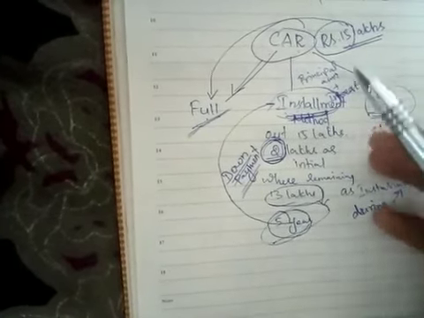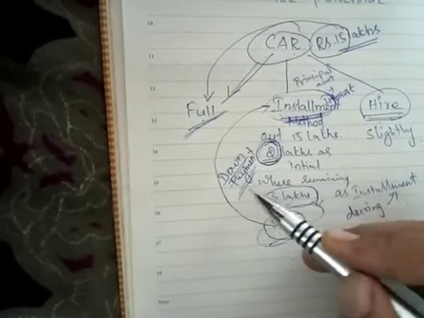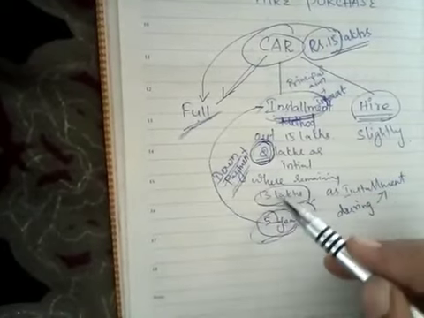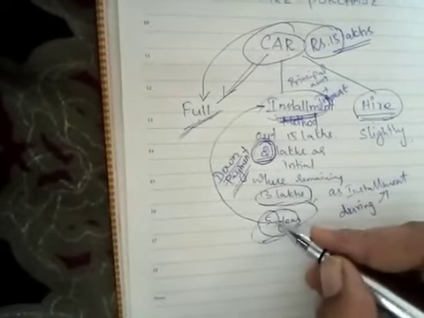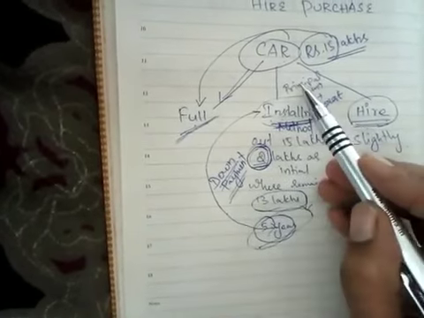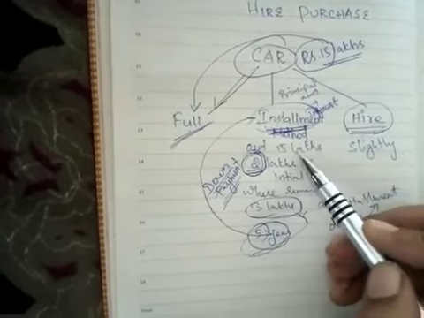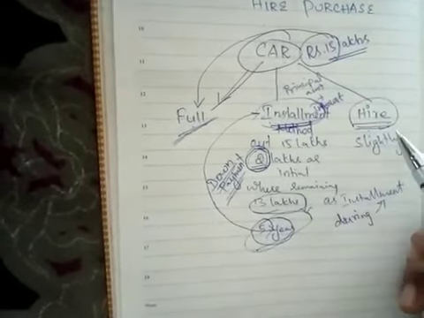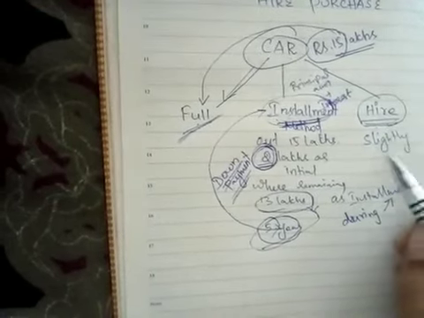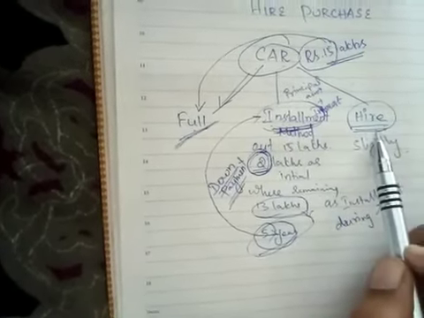Out of 15 lakhs, I have paid 2 lakhs as an initial amount, which is the down payment. Later, the 13 lakhs is paid by me over the next 5 years as principal amount plus interest. The same thing is carried out in hire purchase system also, but there is a slight difference between the installment system and hire purchase system.